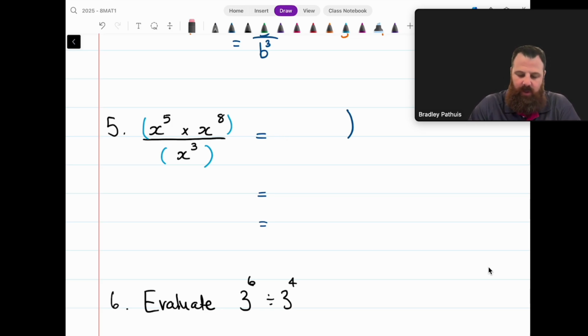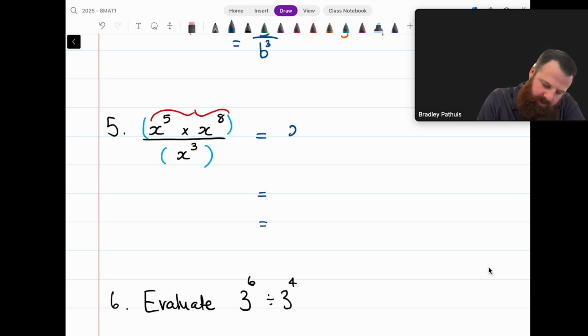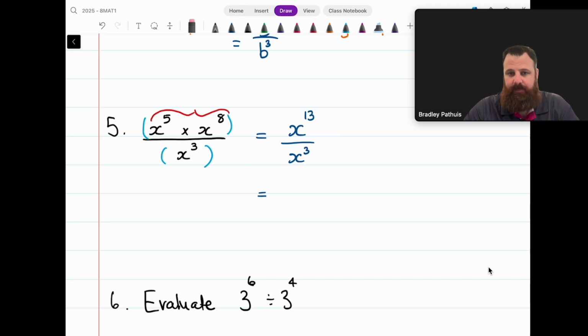So if I look at the numerator, in the numerator, these two, they've got the same base. So numbers with the same base, I add their powers. So my numerator becomes x to the power of 13. When I now look at the denominator, there was nothing else to do in the denominator. That remains x to the power of 3.